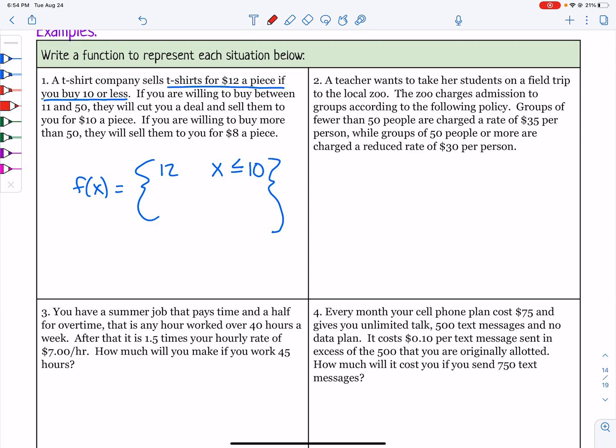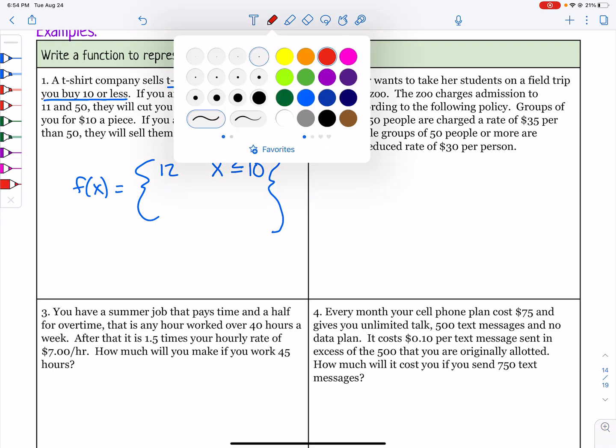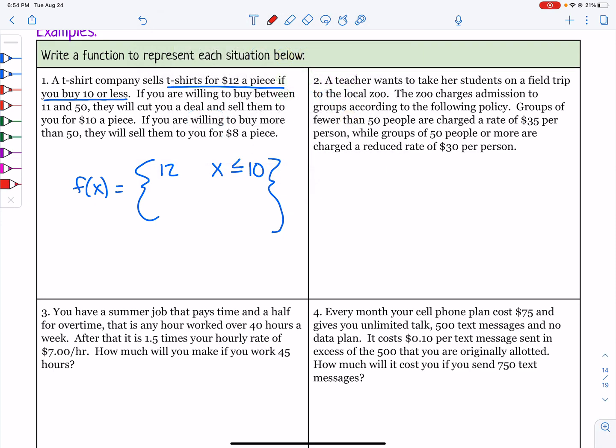For the second part of the function, it keeps giving me a small pen, so I'm going to try to make that bigger. Okay. It says if you're willing to buy between 11 and 50, they will cut you a deal and sell them to you for $10 a piece. All right, so cost is over here on this side, $10 a piece. And that's if we get between 11 and 50.